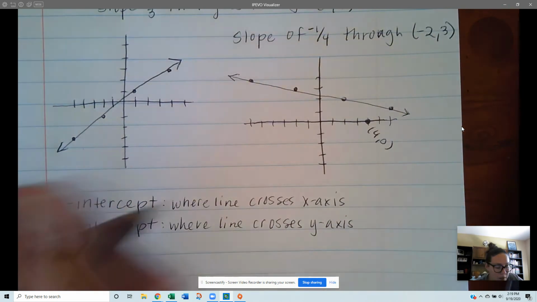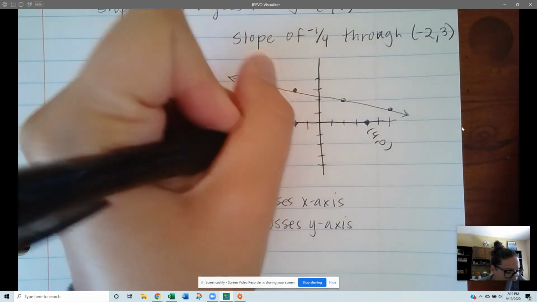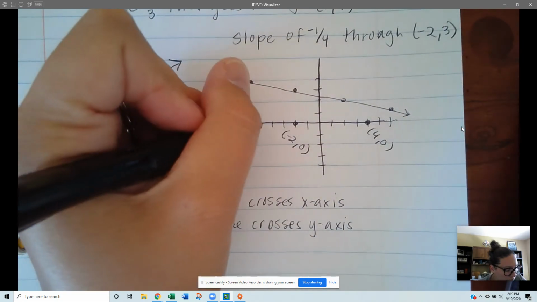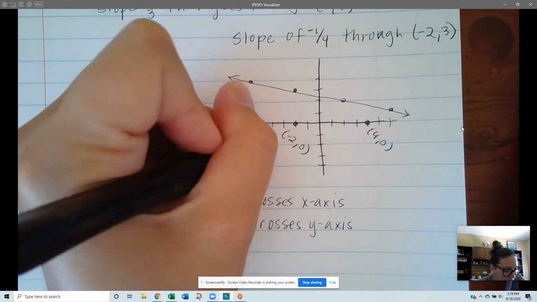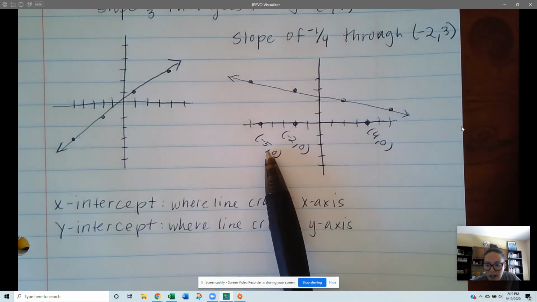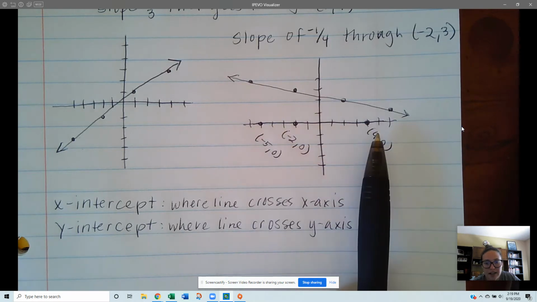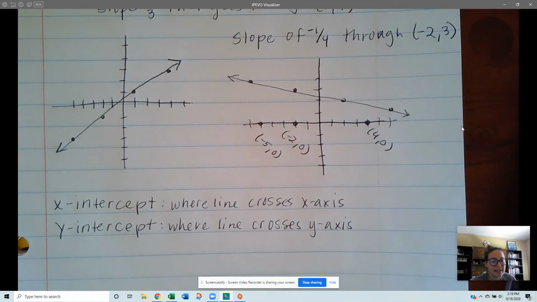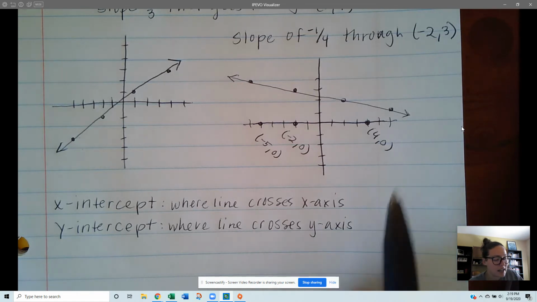How about this one here? This is -2, 0. This one here, -5, 0. What do all of these points have in common besides the fact that they're on the x-axis? Well, any point that's on the x-axis has a y-coordinate of 0.